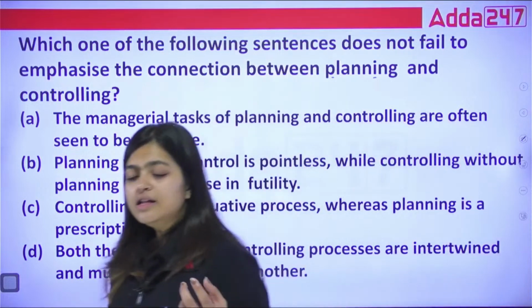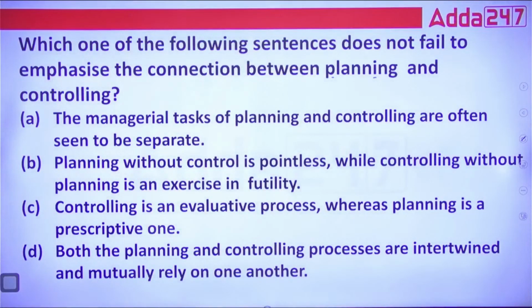So, which option describes the perfect connection or best description between planning and controlling? If you read again, you are going to say that the best option is your option D. I'm sorry, option A.